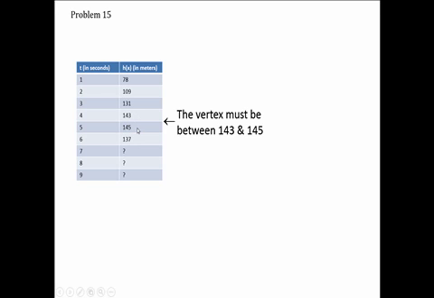So your axis of symmetry lies in between these two, 143 and 145. That means these two would be matching, fairly close. Moving away, 2 seconds would then match with 7 seconds. 1 second would match with 8 seconds.